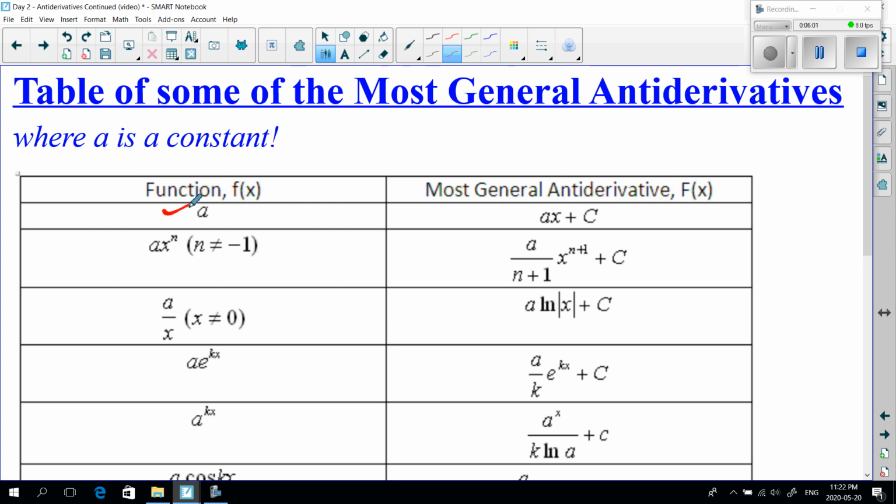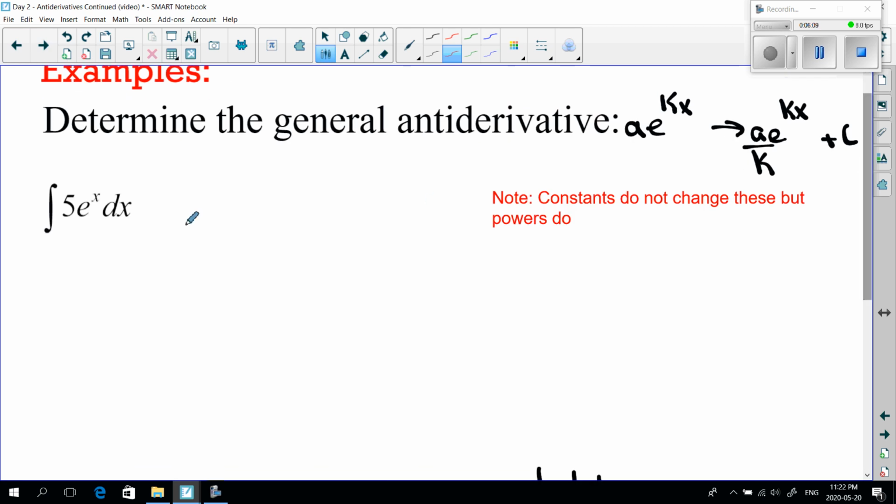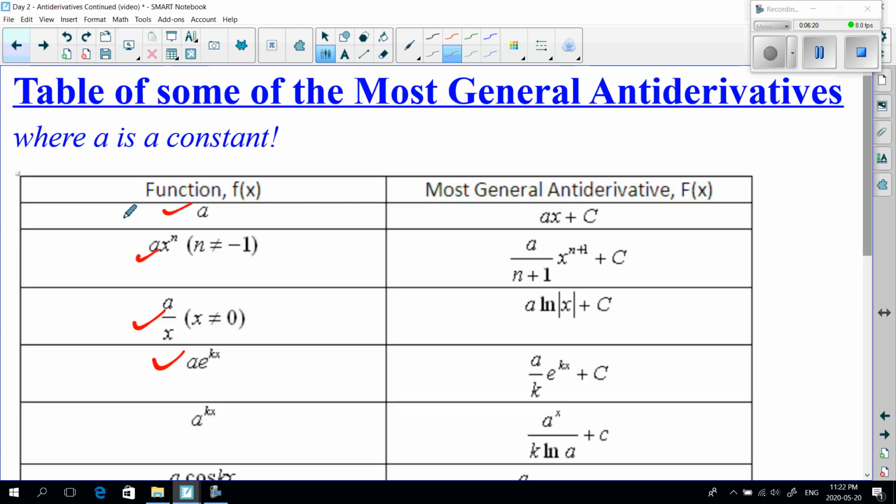Okay, so we've looked at these guys. Now we're going to focus on these guys here. All right, so the indefinite integral of 5e to the x. And remember, this just means you're integrating with respect to x. So it's this rule right here, the fourth one down.